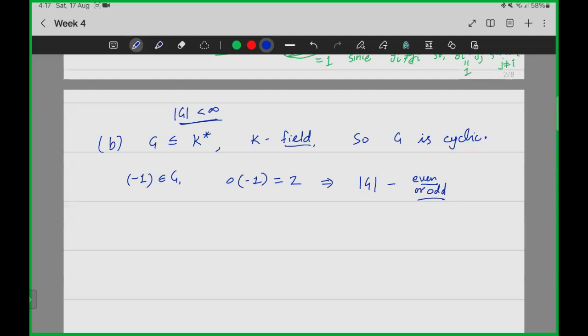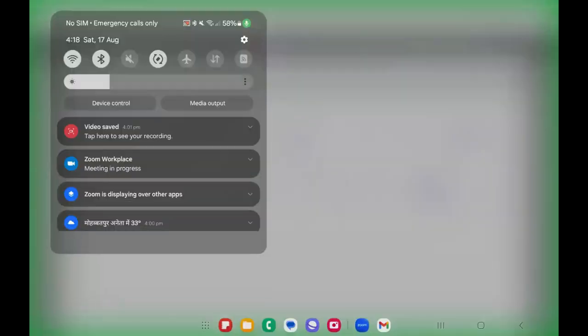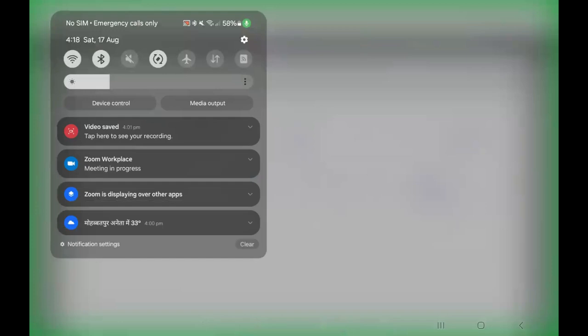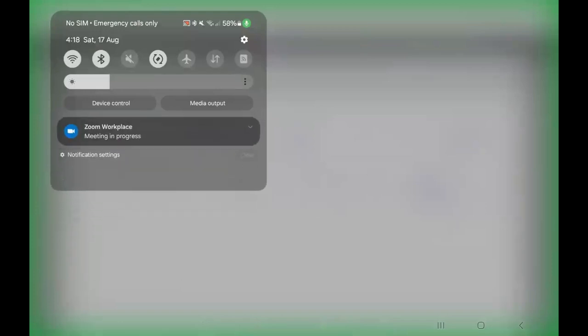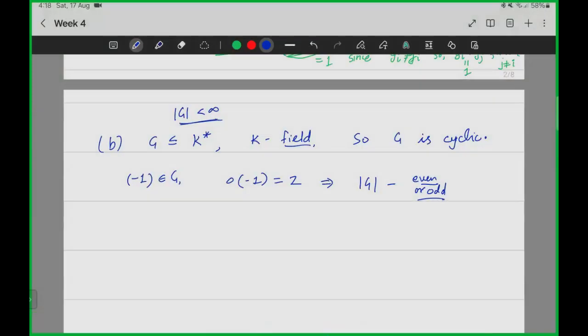It can be anything, right? It has an element of order 2. Now what?